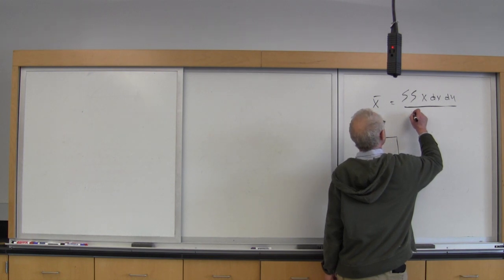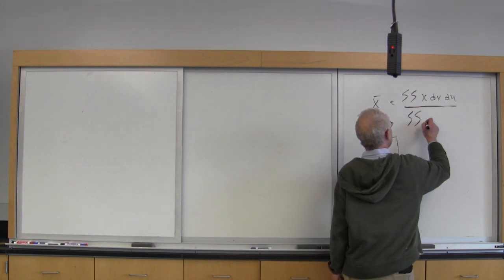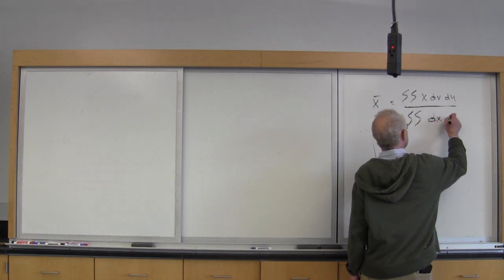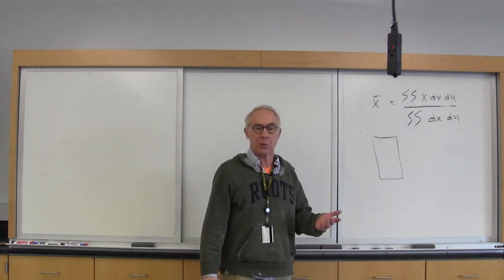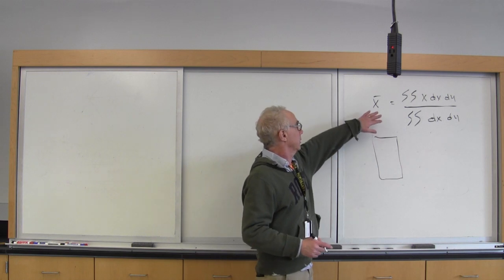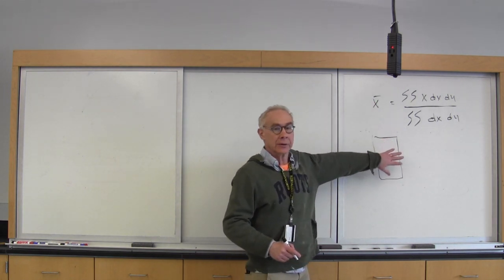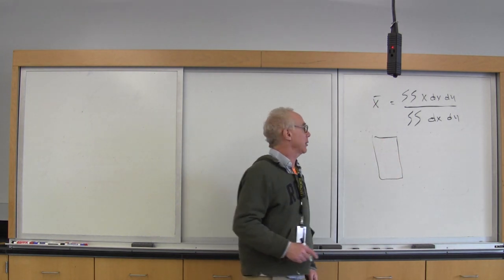Divided by the double integral of dx dy, and of course the double integral of dx dy is simply the area of the member that we're evaluating.